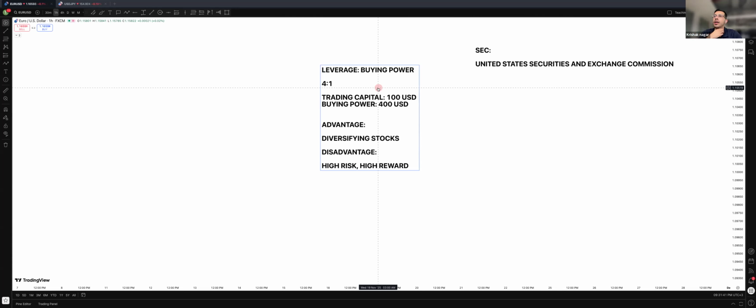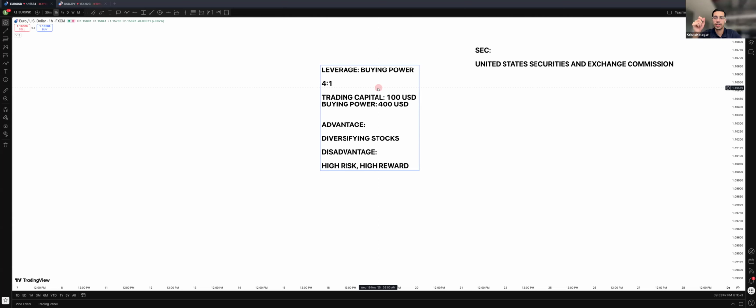There's a question by Sufyan: if I have maximum leverage, does the company charge swap? Swap for FX is very different, because I assume you're asking about Forex, Sufyan. Swap is overnight charges.